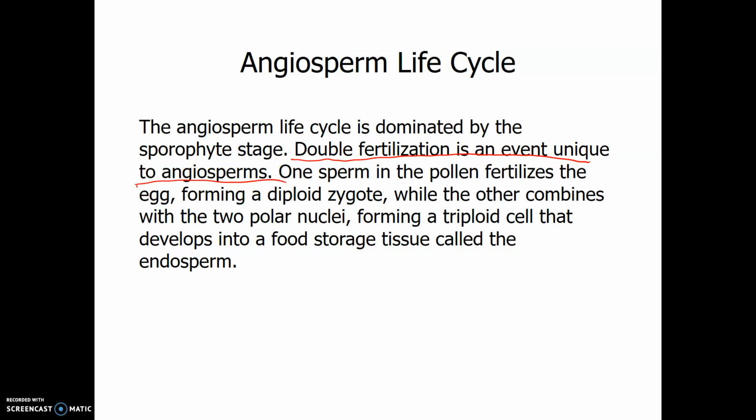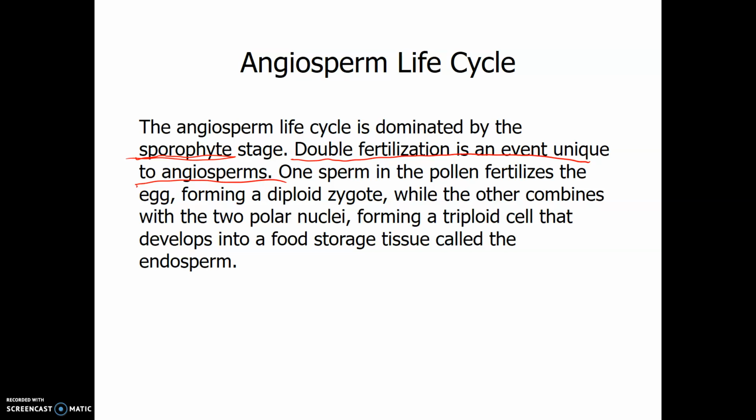The angiosperm life cycle is dominated by the sporophyte stage. That's no surprise because the sporophyte is the dominant structure of plants unless they're bryophytes. Everything else, vascular, has the sporophyte as the dominant stage. But double fertilization is unique to flowering plants.